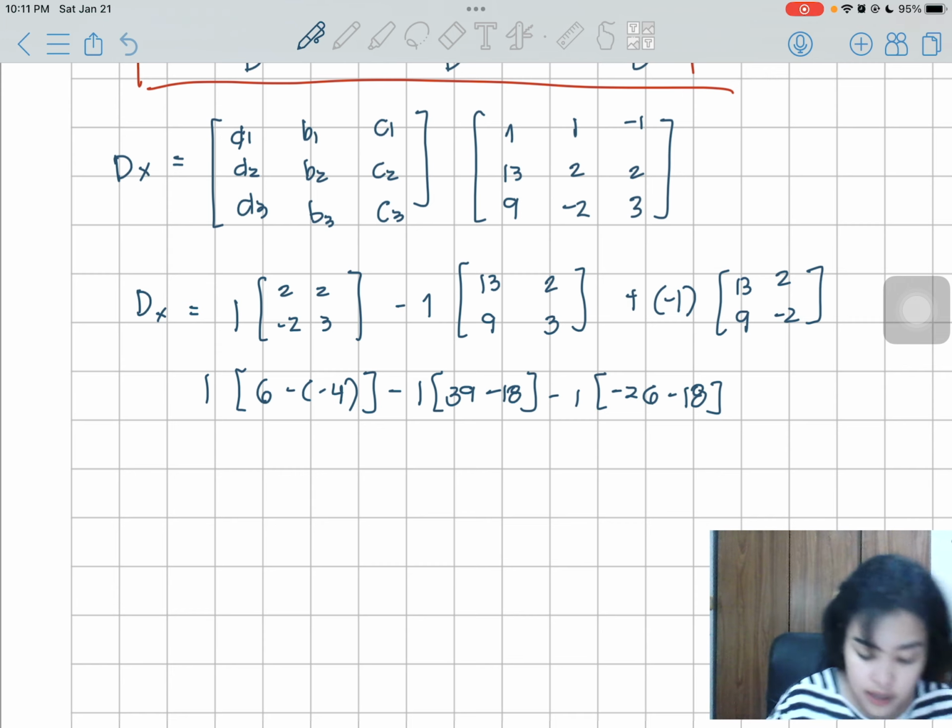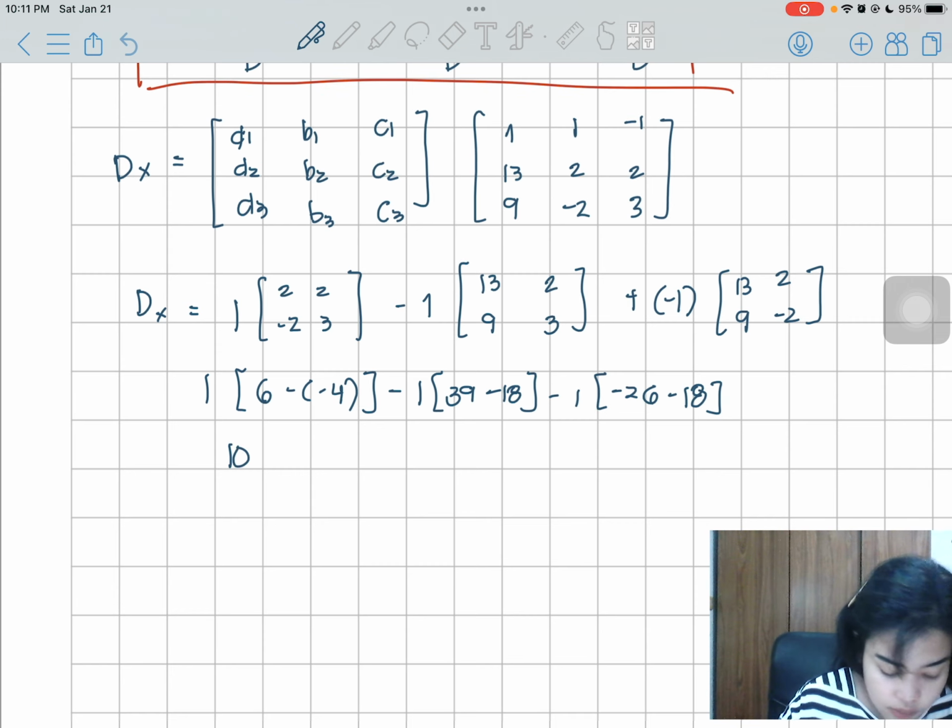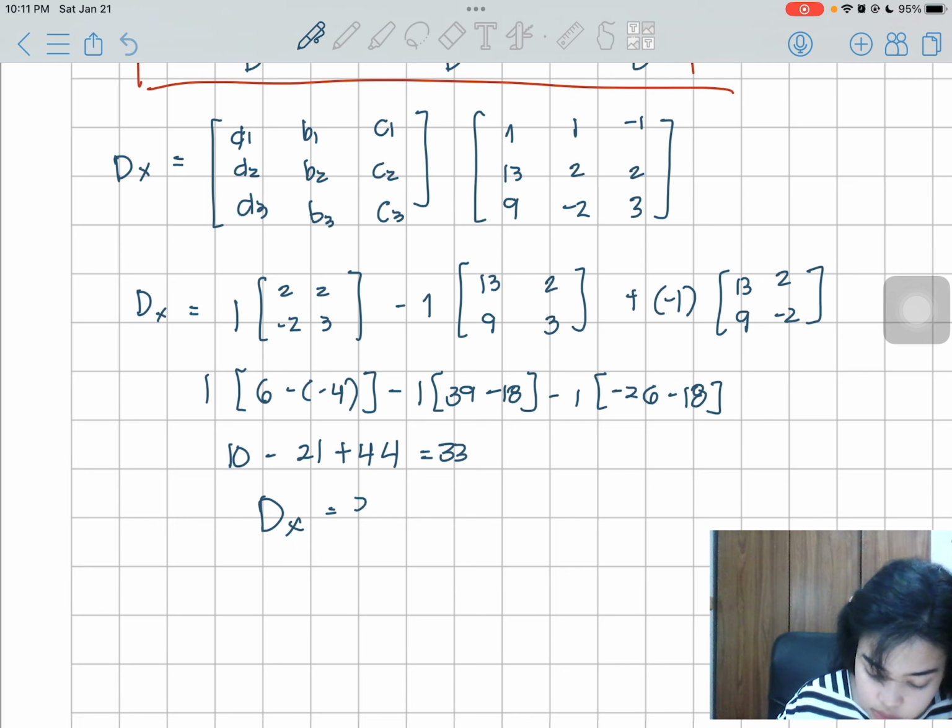Then after that, we will get 10 minus 21 plus 44, which is equal to 33. And our Dx is equal to 33.